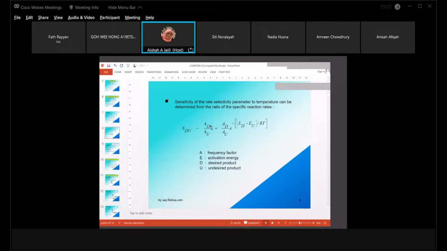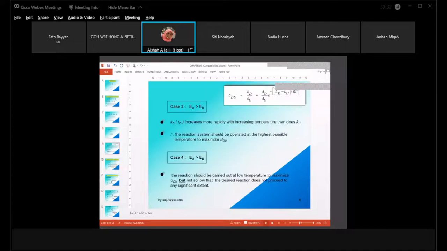When you do KD over KU, you will get this one, where A is the frequency factor, E is activation energy, D is the desired product, U is the undesired product. So you will adjust the temperature to get the SDU maximum.